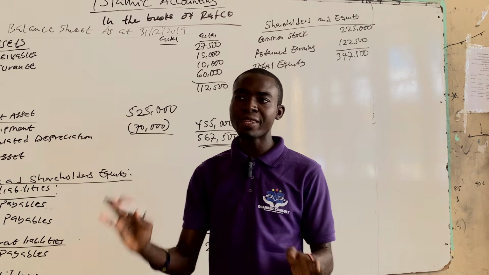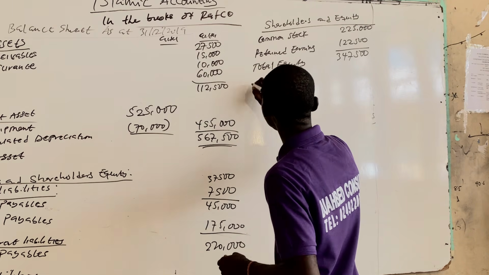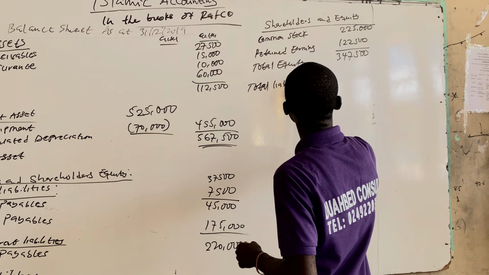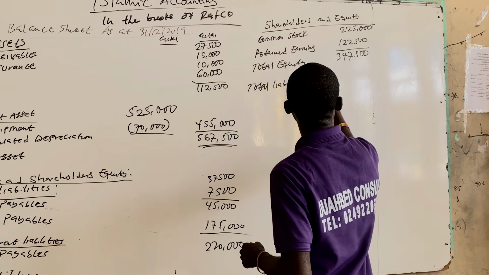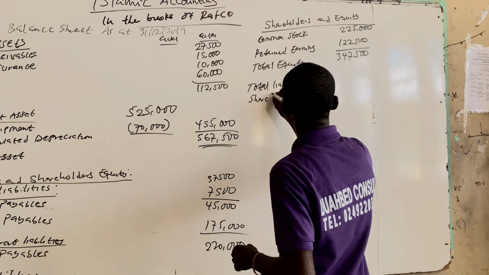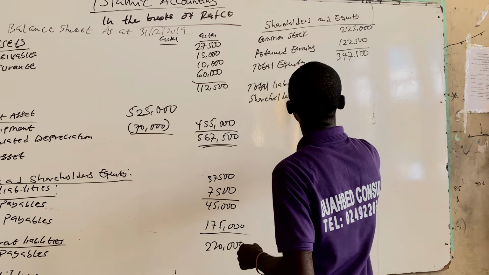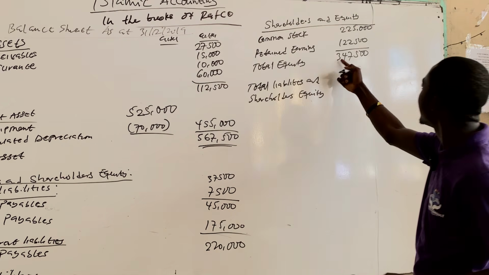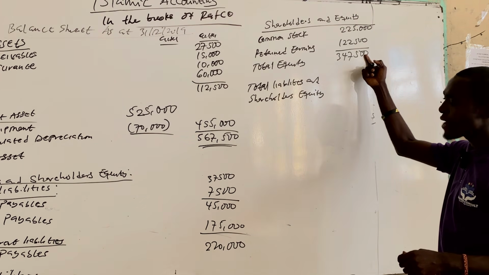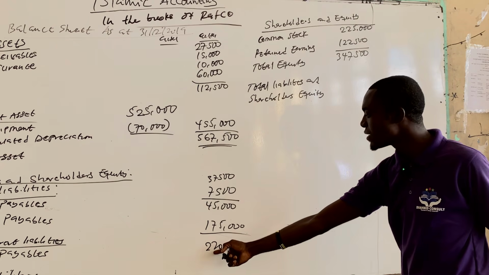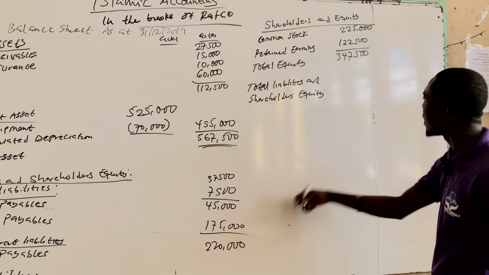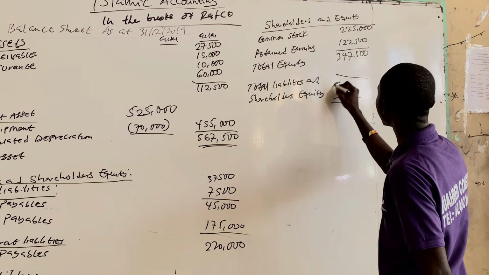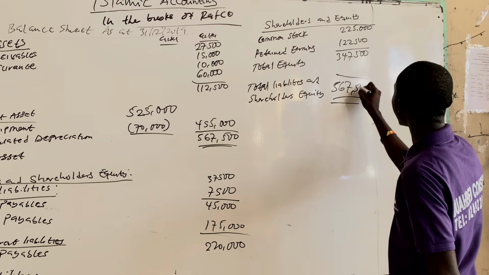You add the total equity to the total liabilities to get total liabilities and shareholders equity, which is the same as the capital employed. That's 347,500 plus total liabilities of 220,000, which gives you 567,500.